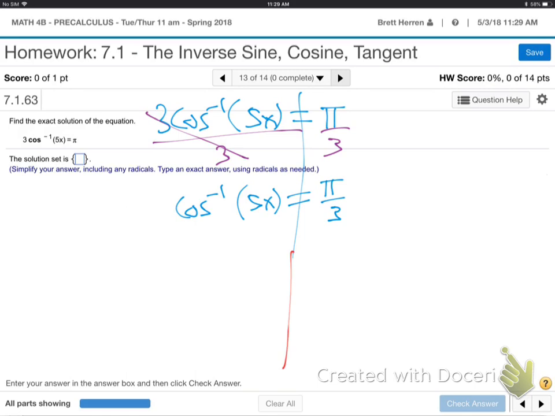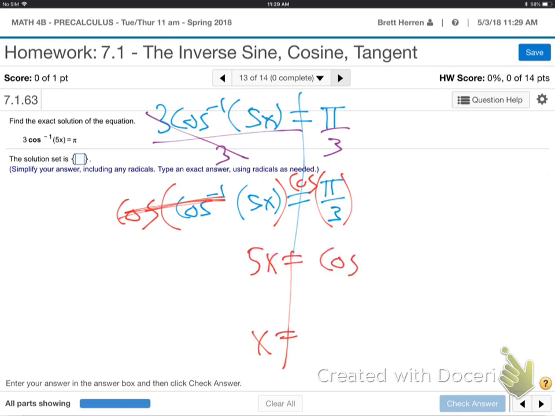Remember the goal. X is saying I want to be alone. So get rid of this cosine inverse. Get rid of this 5 so I can be alone. So next layer, cosine inverse. How do we get rid of that cosine inverse? Cosine. Regular cosine, right? So it's not multiply. It's cosine of both sides, right? It's plug into the toaster. So then these cancel each other out. You always do the opposite, don't you? That's how we get rid of a function. Do the opposite. So then we get 5x is cosine of pi over 3.